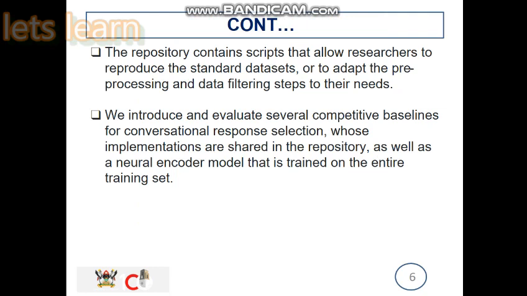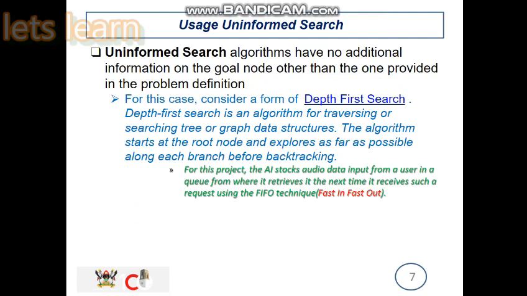So this is some continuation of the conversation dataset. Just say this dataset will enable my AI to learn very well from the user's interaction with it. That is it.